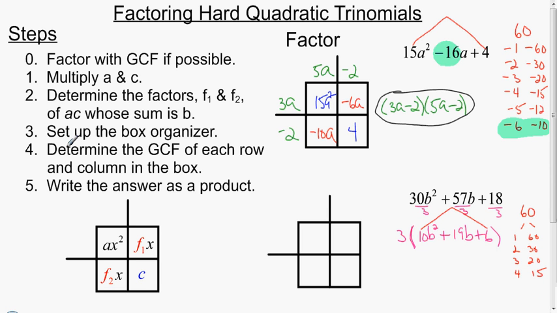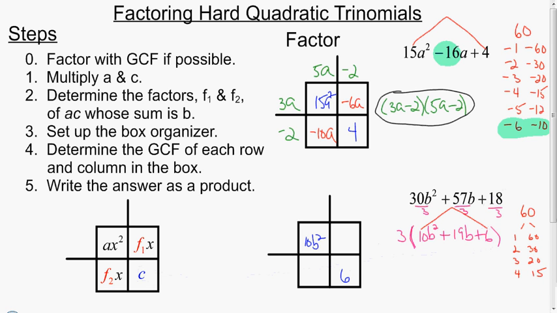Now, I'm going to set up the box organizer. Again, ax squared, which in this case is my 10b squared, is the first term. That's going to go in the top left. And then I'm going to see that my c, which is my last term, again it's the 6, not the 18, it's the 6, is going to go in the bottom right box.